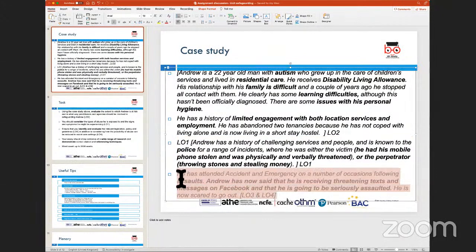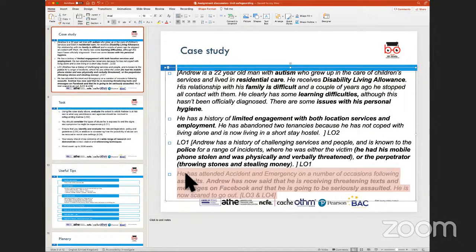And towards the end, we are looking at learning outcome 3, which is talking about legislation and policy. So you'll put a couple of them. I don't want to cover 10 policies or all the policies or legislation or acts which are there. I'll cover the Care Act of 2014 and the Mental Health Services Act, because it is related to Andrew's case in terms of autism, because he receives a disability allowance. So if there are acts and legislations which are related to his condition, I'm going to use them in the assignment.